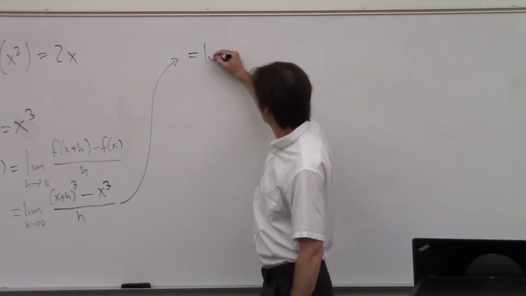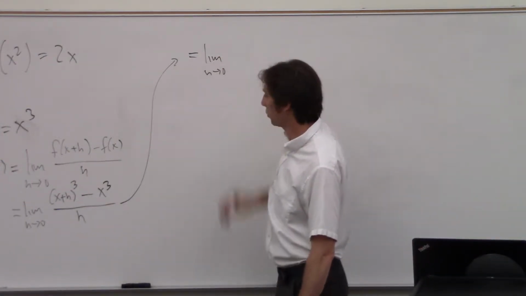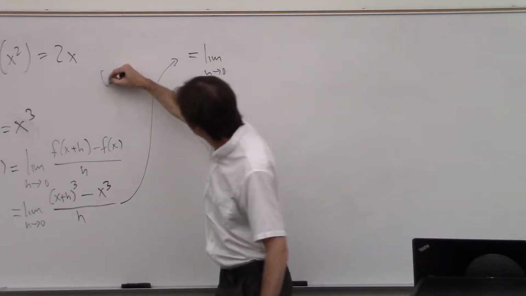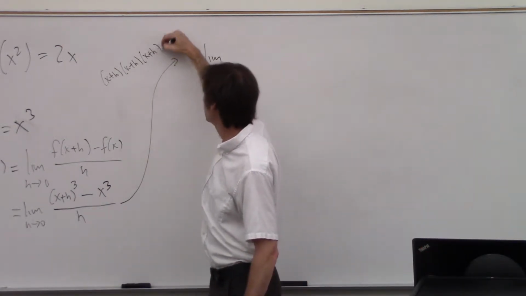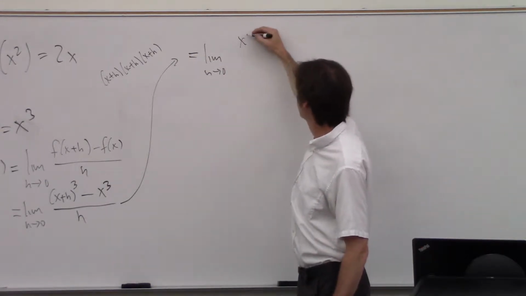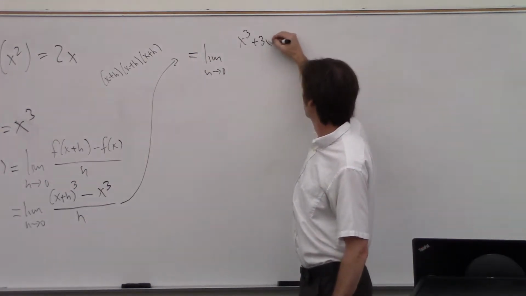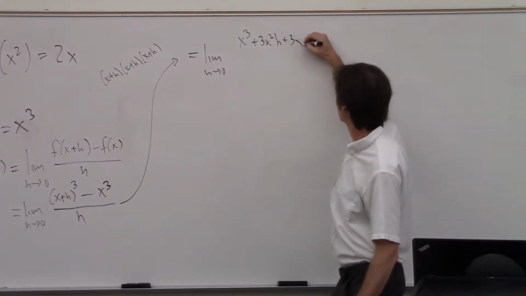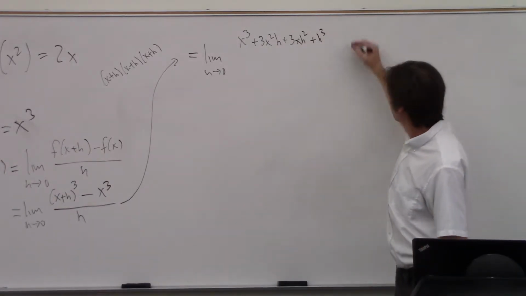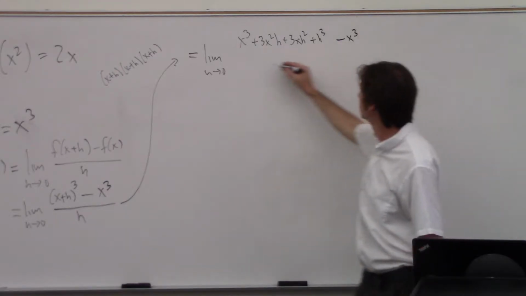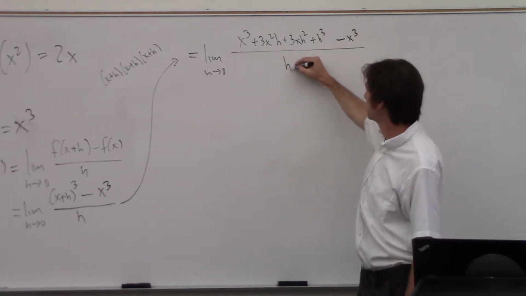You should multiply it all out: x plus h times x plus h times x plus h. What you should get is x cubed plus 3x squared h plus 3x h squared plus h cubed, and then minus x cubed, all divided by h.